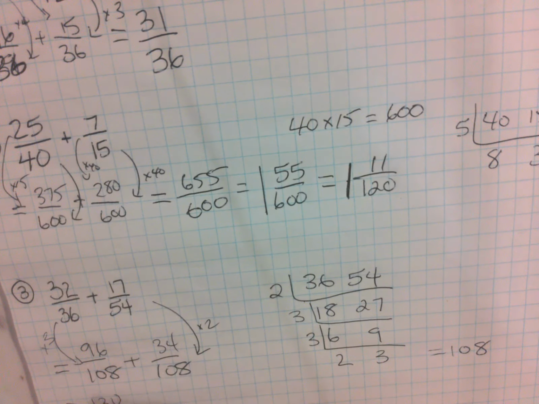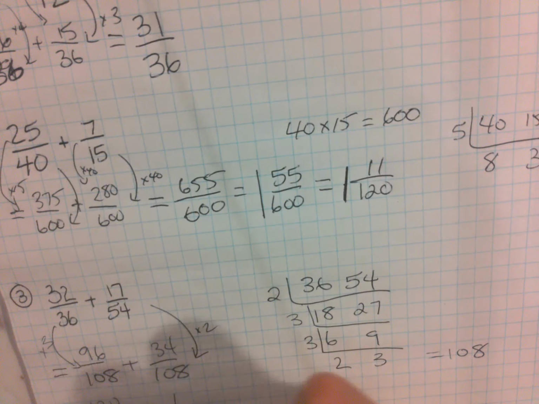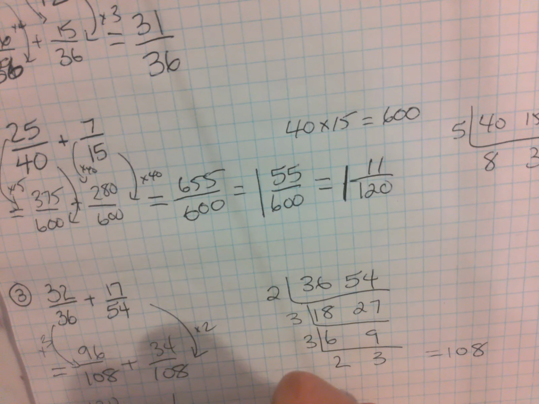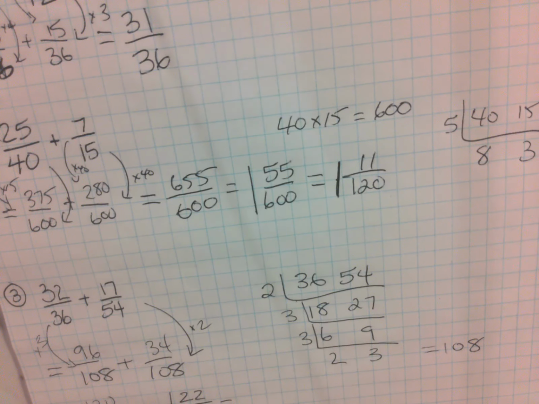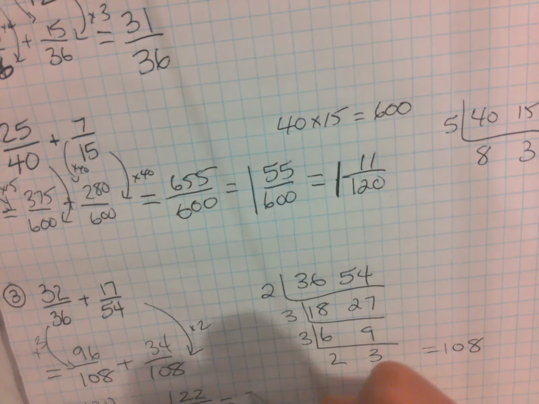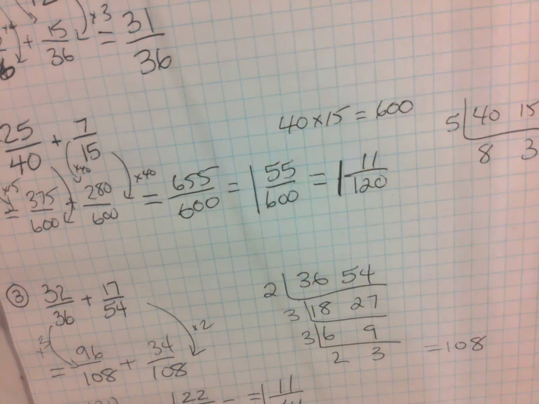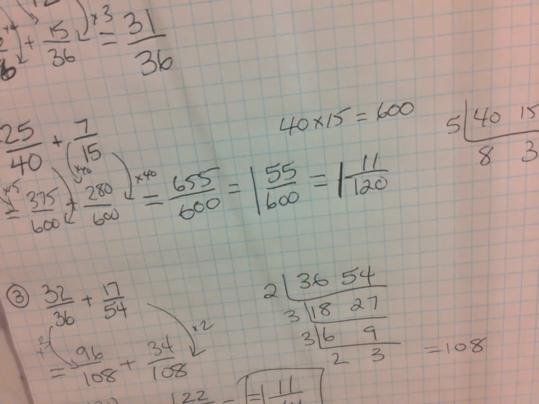And then if I reduce that, I can get 1 and 22/108. And then if I reduce that, I'm going to end up with 1 and 11/54ths. So that would be my final answer.